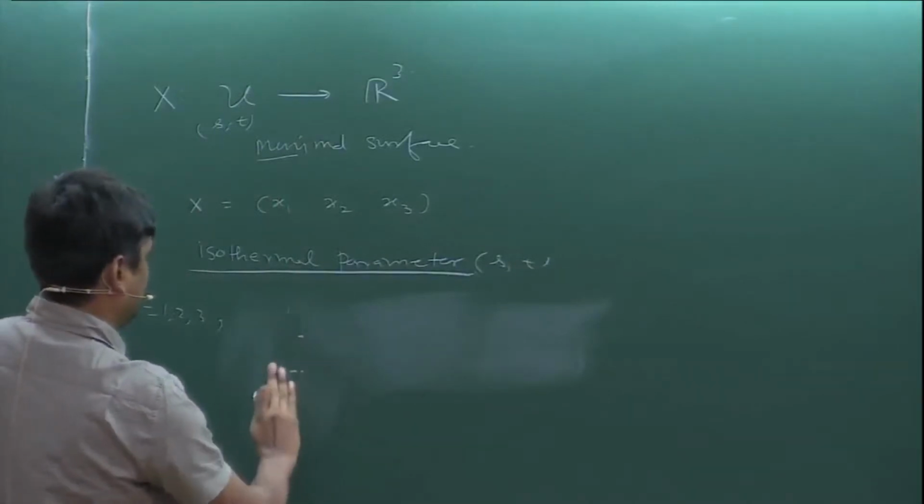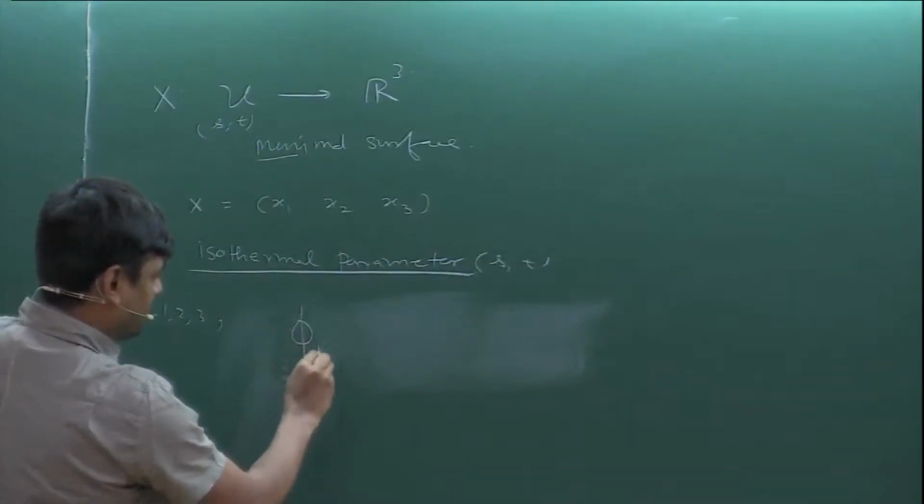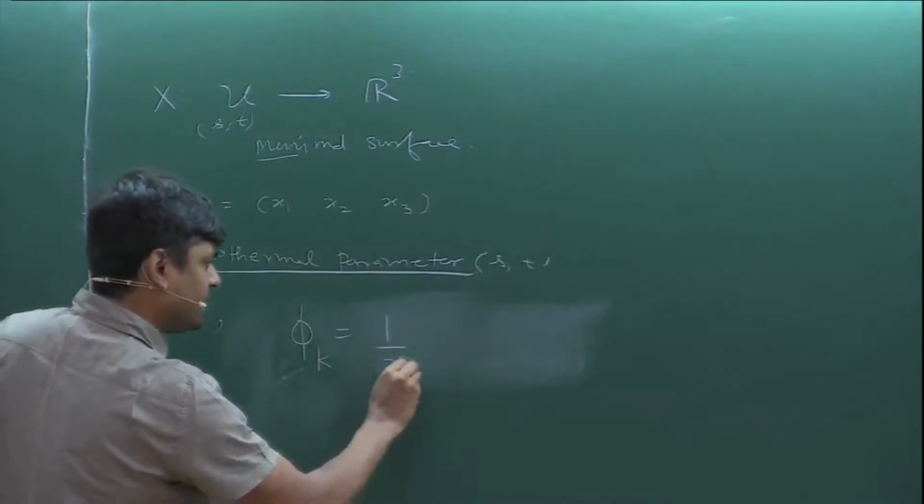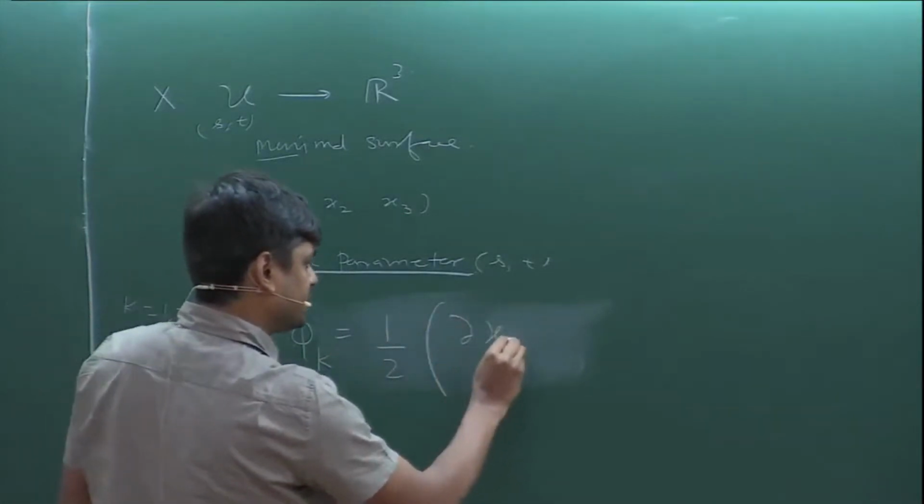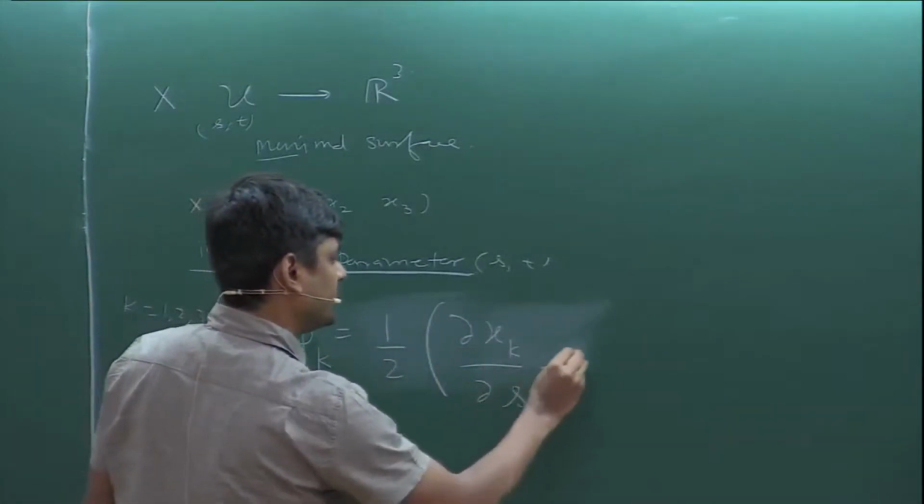I defined phi k as 1 by 2 del x k over del s. Now it is visible.